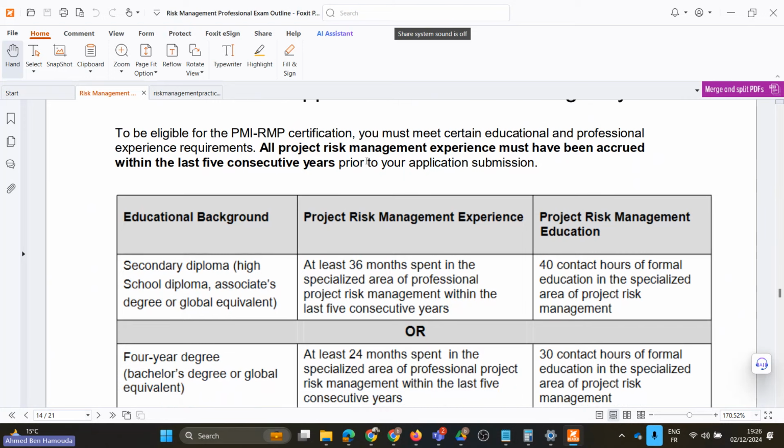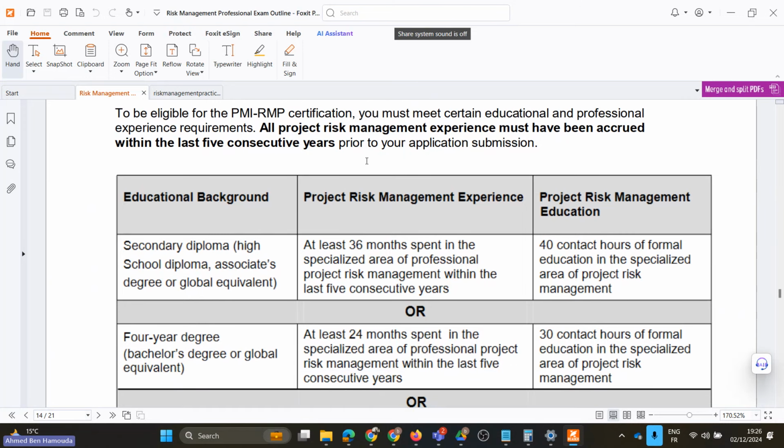Now, remember something very important. Whatever experience you record in your RMP application should have occurred within the last 5 consecutive years.